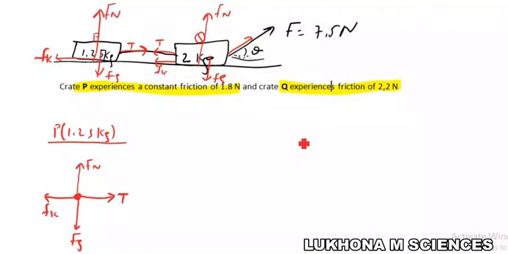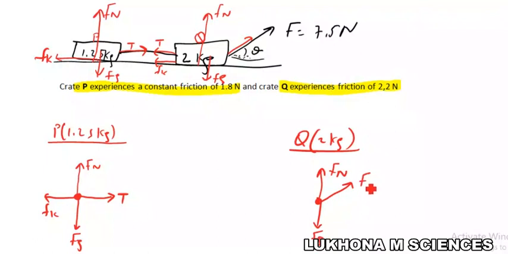Then for Q, which is 2 kg, we have this free body diagram. We have the normal force, then Fg, then the force that is applied at an angle, then Fk as well as the tension.